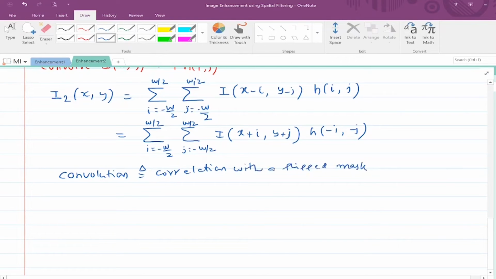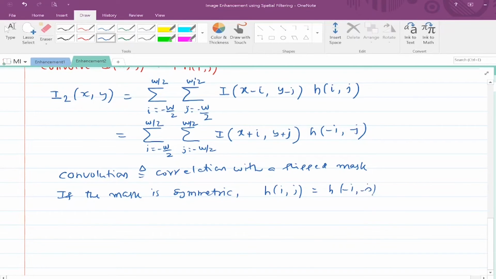Now, what you would observe as we go on in this course over the next couple of lectures is that most of these masks are symmetric around their center. So let's see what would happen if the mask is symmetric. What do we mean by the mask being symmetric? That means for any value of i and j, h of i,j is equal to h of minus i and minus j.